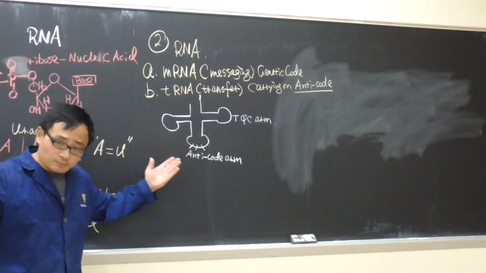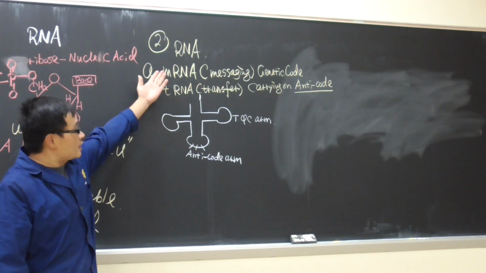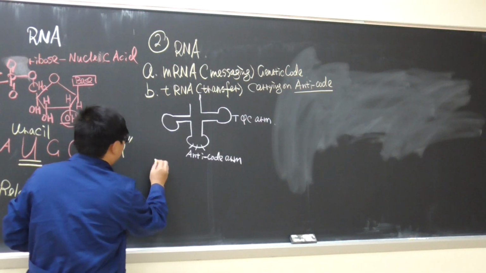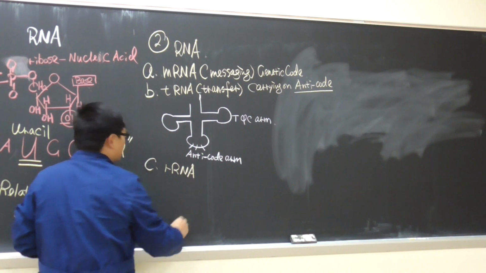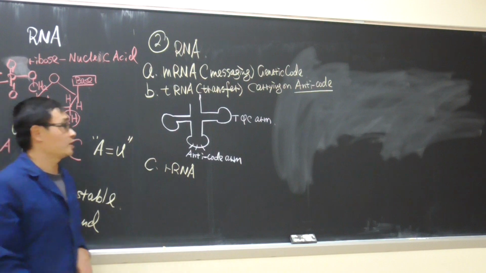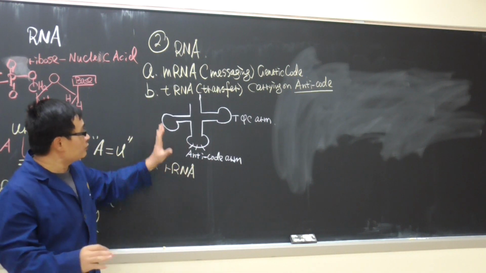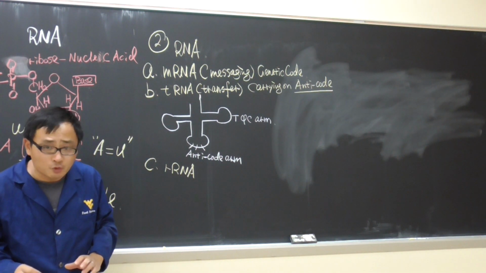Now here is a very simple question, sometimes in the exam. If I mix mRNA and tRNA, by the way, there is another one we call ribosomal RNA or rRNA. How do you know it is tRNA? Because if we do the isolation, we find that tRNA carries some of the bases that are very weird.